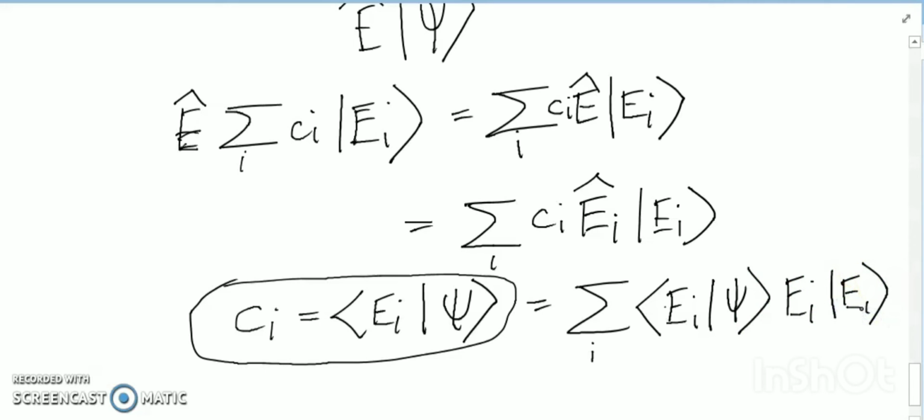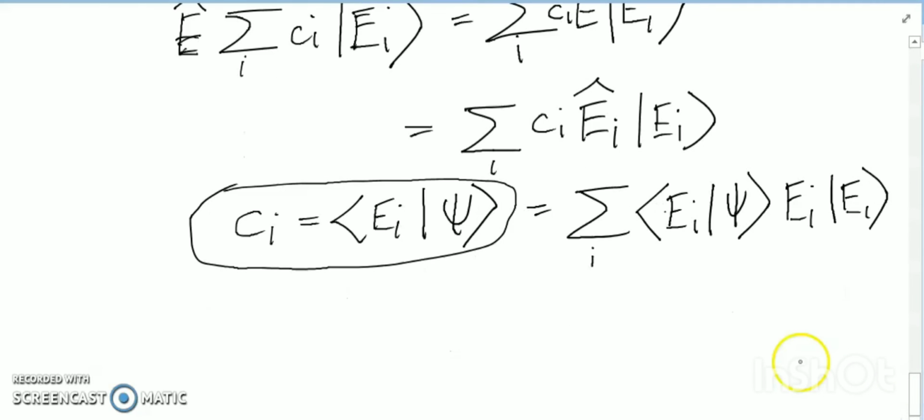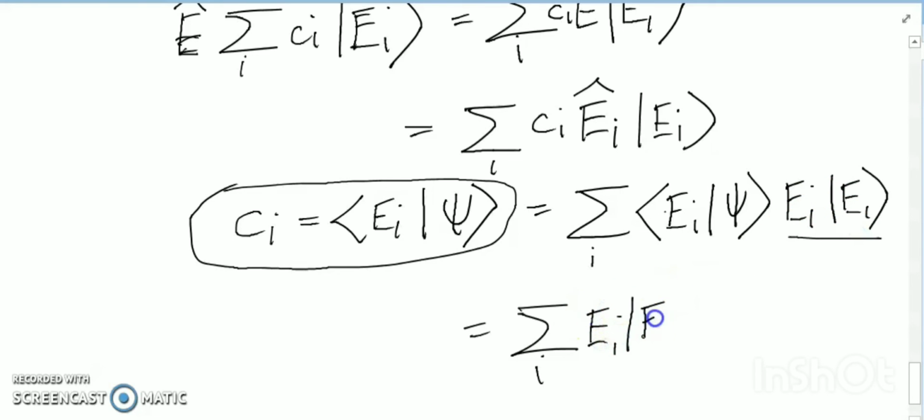Okay, we can move the inner product over to the right. So we can write ei, this portion, and ⟨ei|ψ⟩.